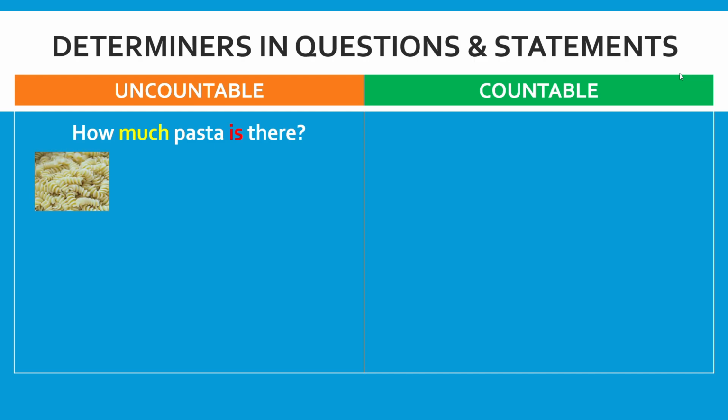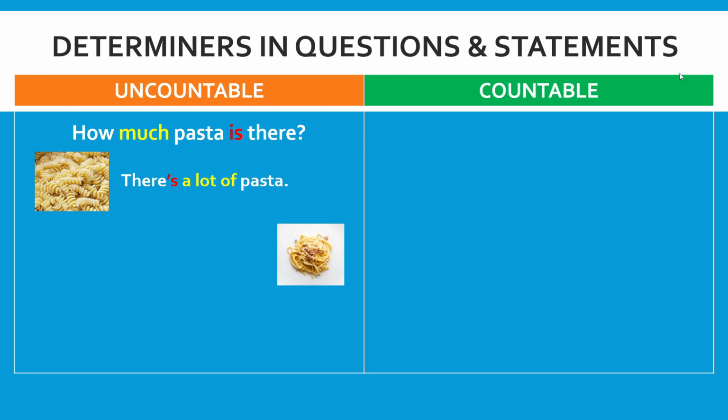So say, if the pasta is in a very big quantity, you can say, there's a lot of pasta. There's a lot of pasta. You cannot say there are a lot of pasta because pasta cannot be counted. Next, how about if it's not in a big quantity, somehow it has a moderate quantity?